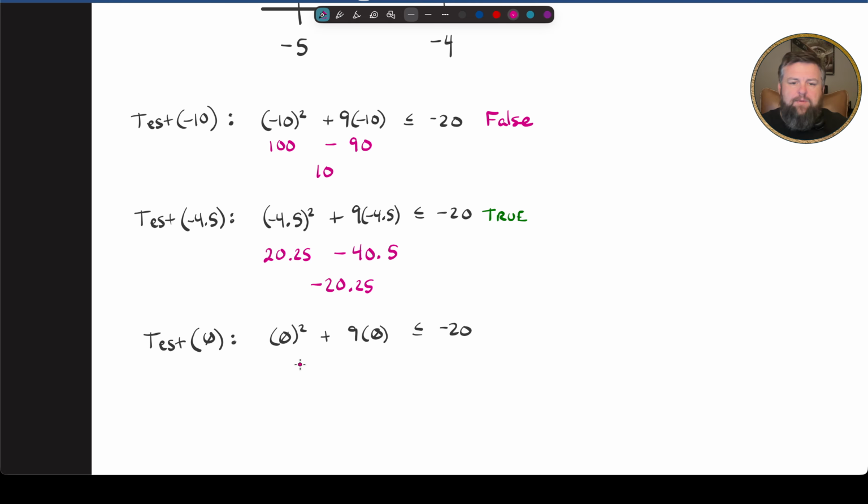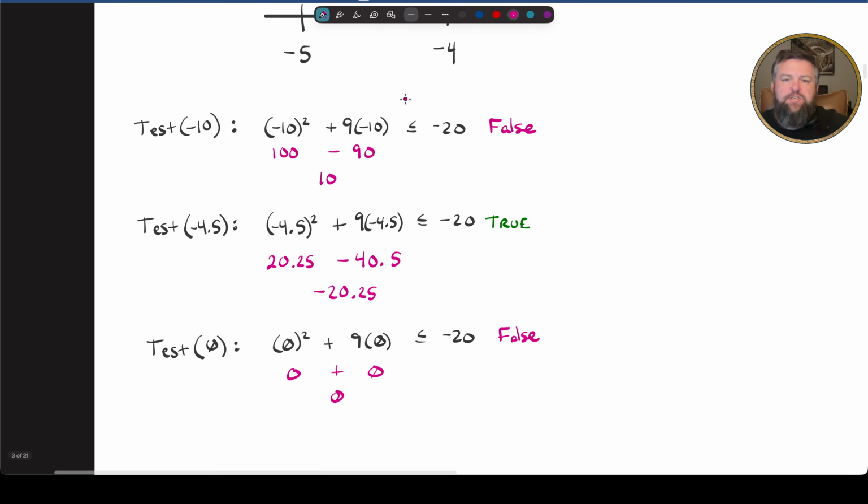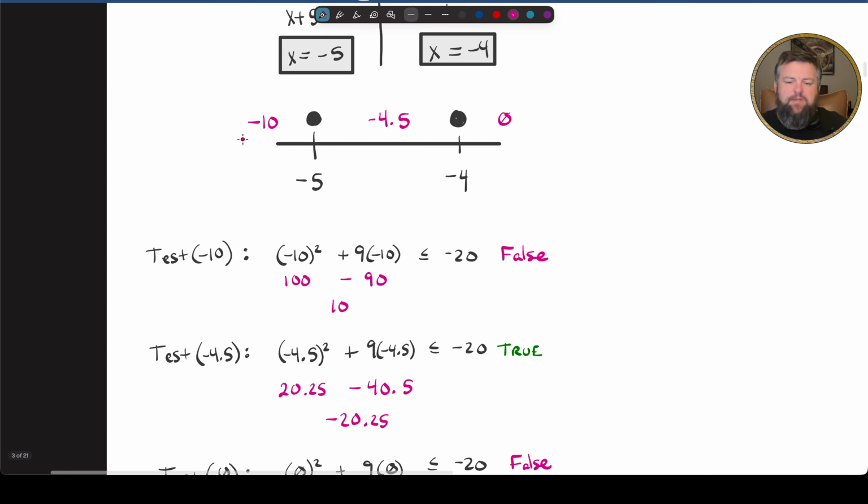Well, if you think about that one, that's just 0 plus 0, which is 0, and 0 is not less than negative 20, so this one is false. So we're going to reject to the right and to the left, but we are going to accept the middle. And it's inclusive, so we want to include it all.